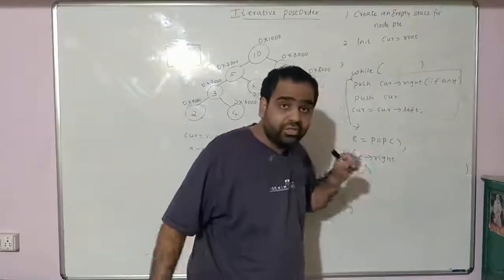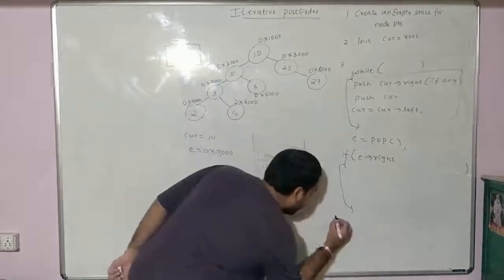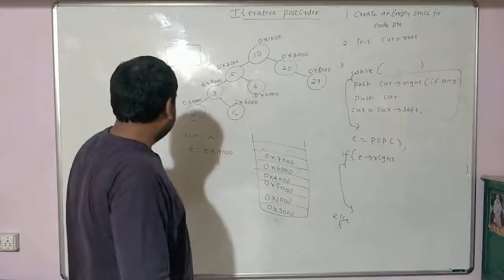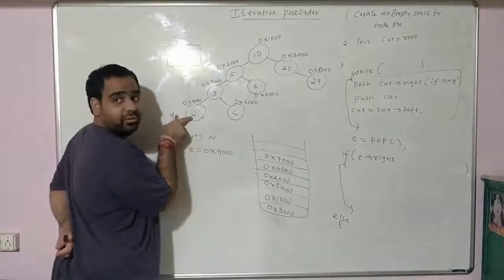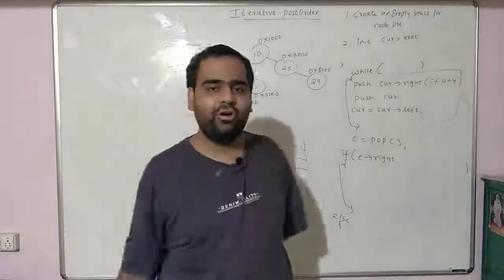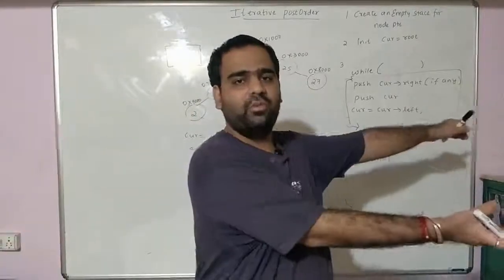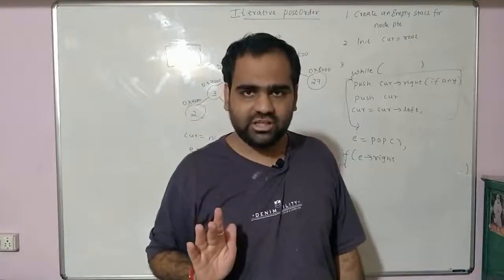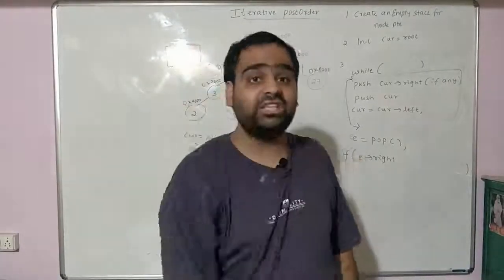Therefore, do not process this. Hence, we execute the else block. And that means this is the leftmost node which does not have the right child. That means it is a leaf node. That's okay, right? Leftmost node means it does not have a left child by definition, and it does not have the right child as well.